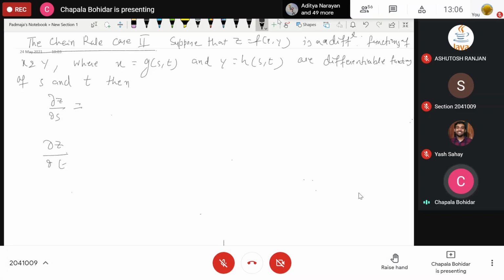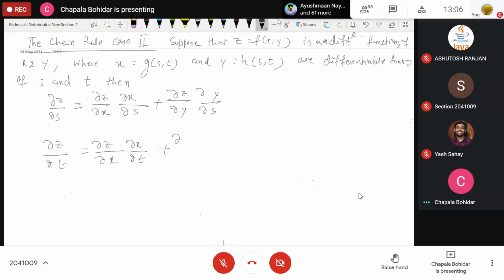So del z by del s is del z by del x... See here, it is a function of two variables and these two are also functions of two variables, so we can write it like this. Clear?